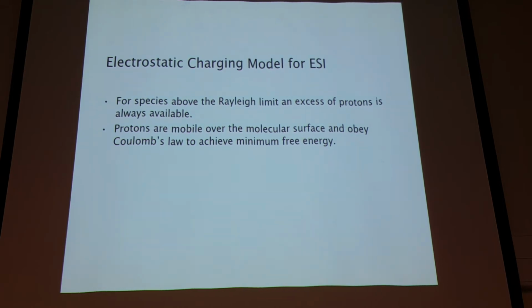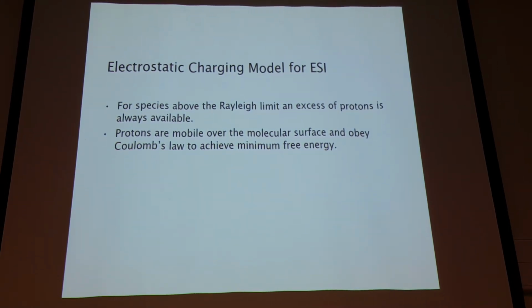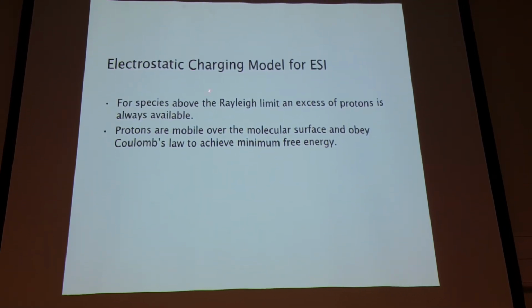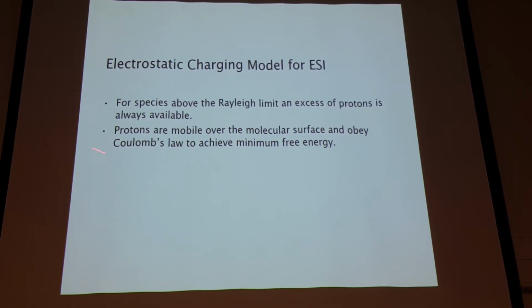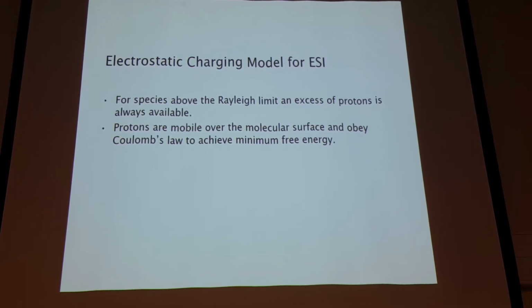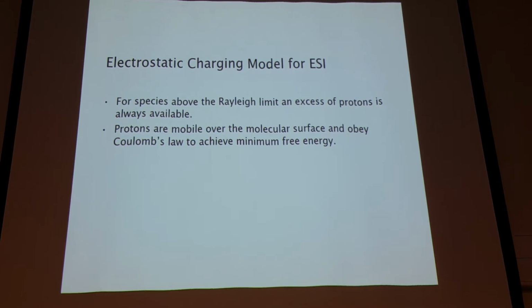And exactly the same thing is happening in electrospray. For species above the Rayleigh limit, an excess of protons is always available. And those protons are mobile over the molecular surface, and they obey Coulomb's law to achieve minimum free energy.